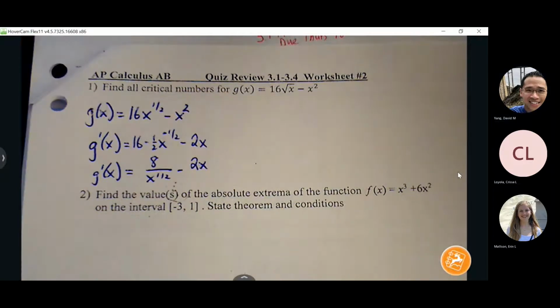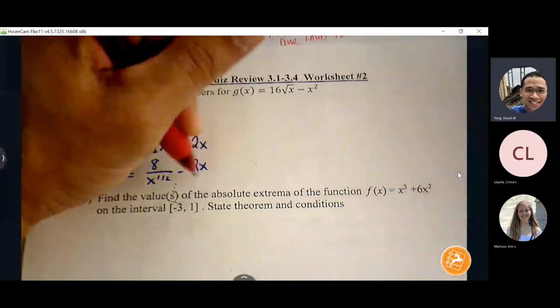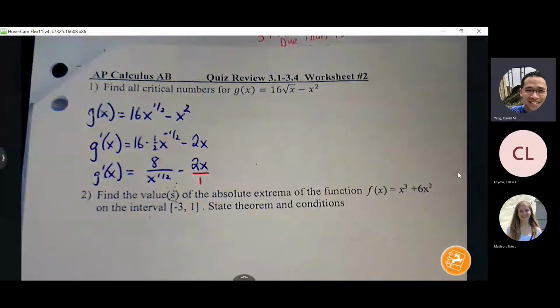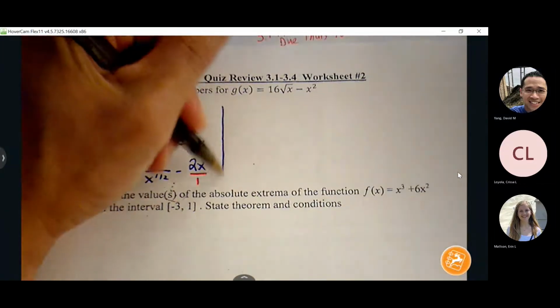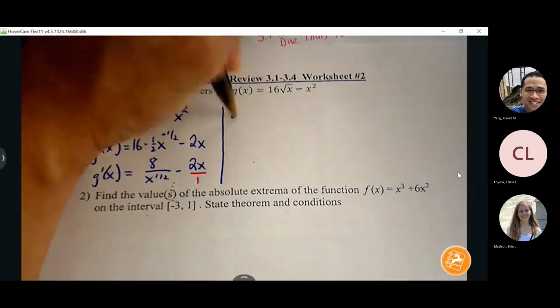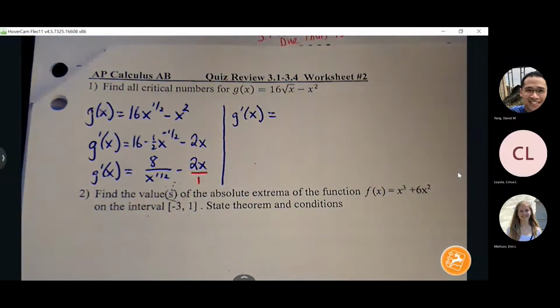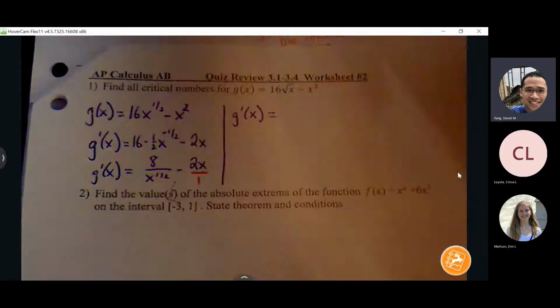So here I see 8 over x to 1/2. The 2x, I'm going to put a 1 underneath it so I can see the need for common denominators, since the denominators are different right now. Okay, so my common denominator is x to the 1/2.